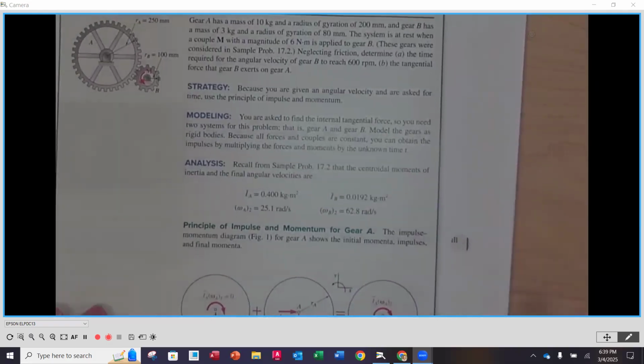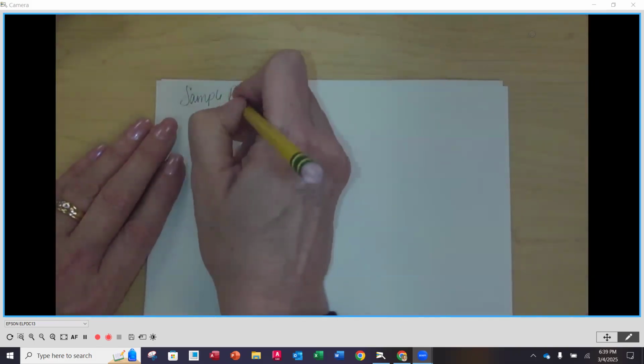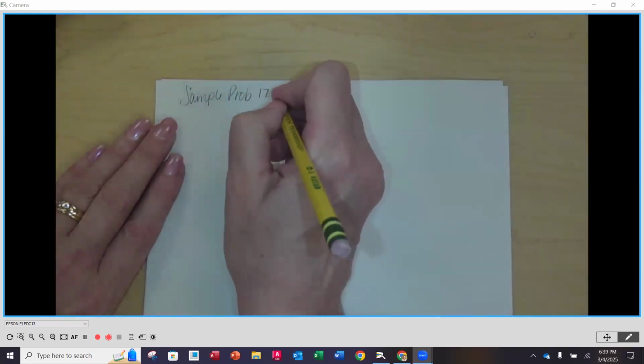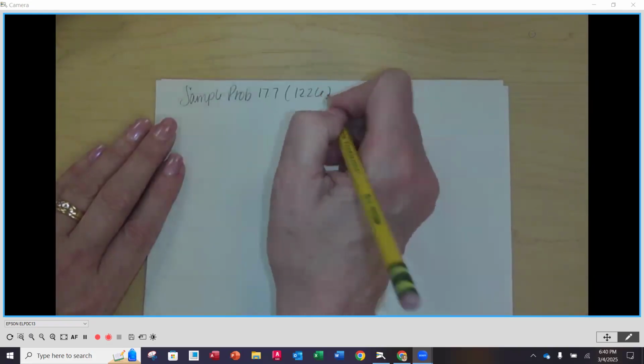All right, so let's first start out just like we always do. We want to identify what we know, then what we want to find, and then where we're going. So sample problem 17.7. Again, this is on page 1226.